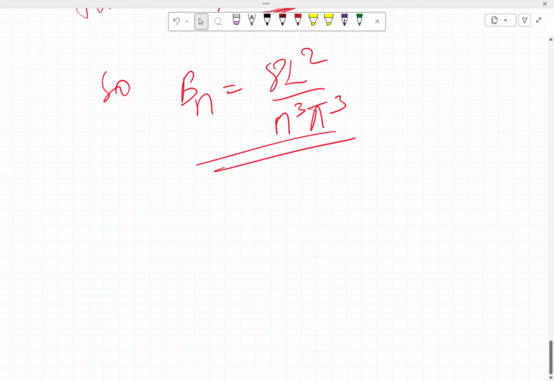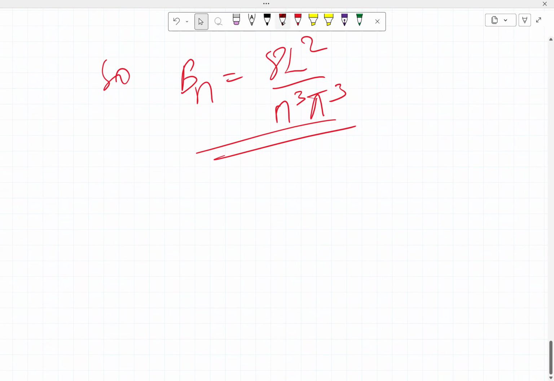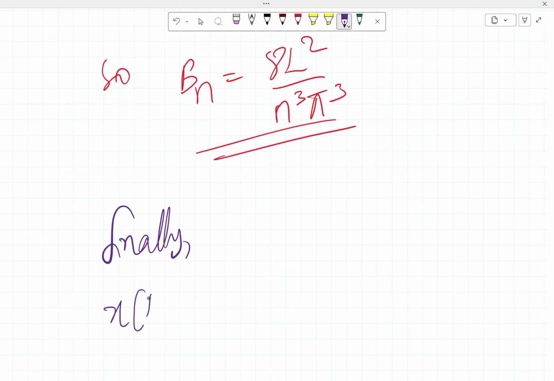And then we can have a final answer. You can say finally, x into L minus x can then be said to be 8L squared all over n cube.